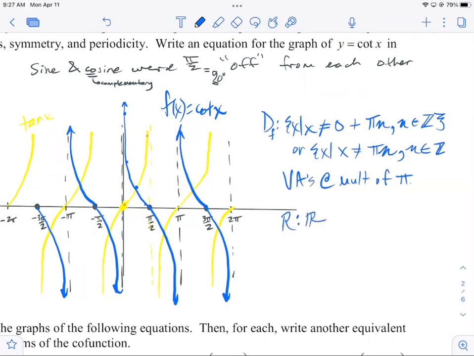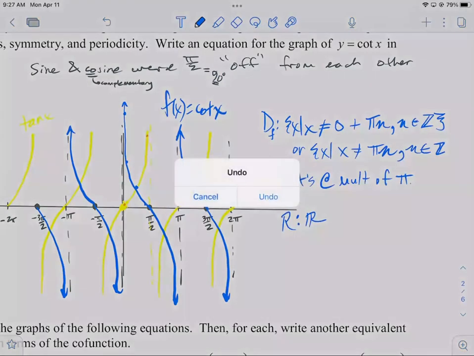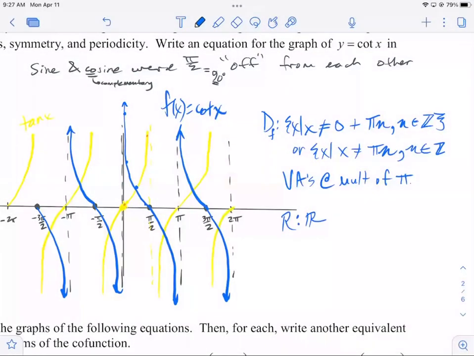What's the range? All real numbers. Yep. Any symmetry going on? Y-axis, does it have the clapping seal symmetry? Y-axis symmetry? No. But does it have do a headstand and look at it upside down symmetry?